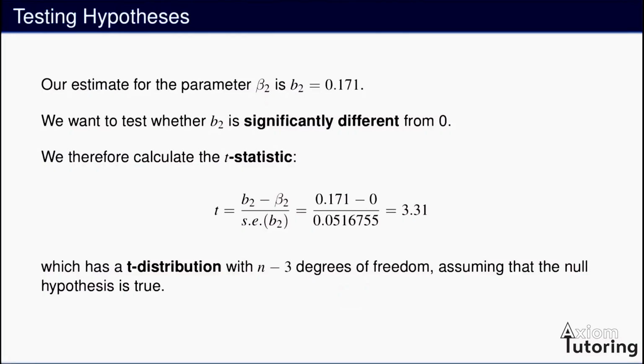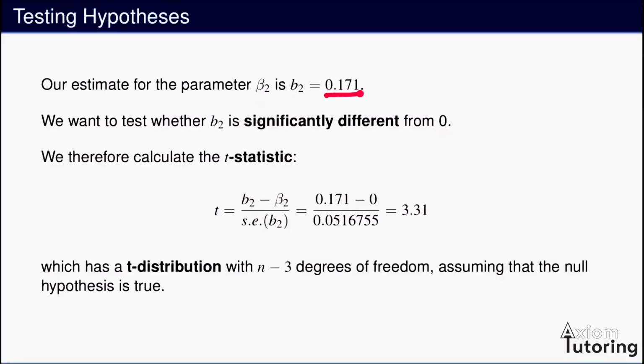So when we ran our regression, we got a parameter estimate for beta 2 of 0.171. And we want to test whether B2 is significantly different from 0. Obviously 0.171 is different from 0.